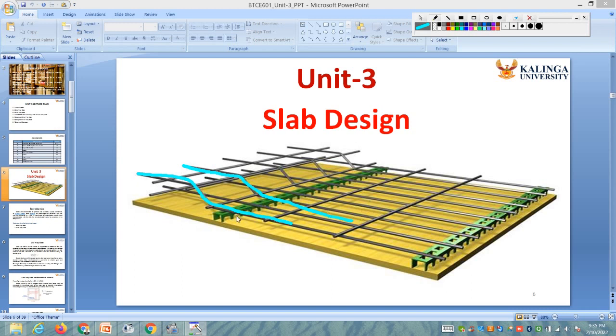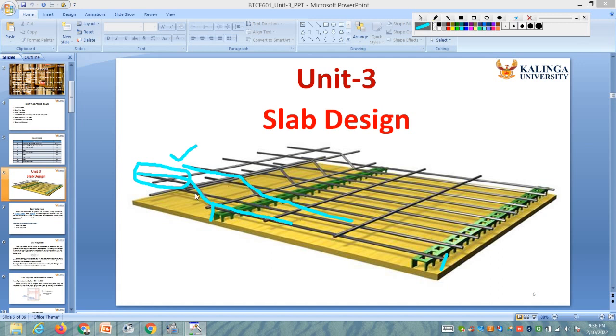The purpose behind this is, when you bend the bar, this straight portion helps to take tensile forces at the bottom, and this portion helps to take the tensile forces at the top. So if we are bending these bars like this, then this is helpful to resist the tensile forces at the top.